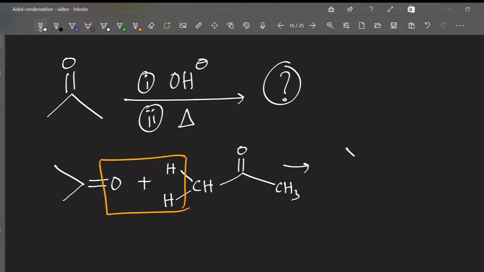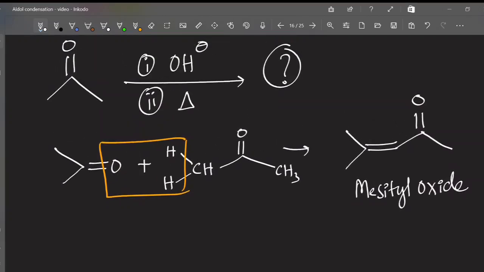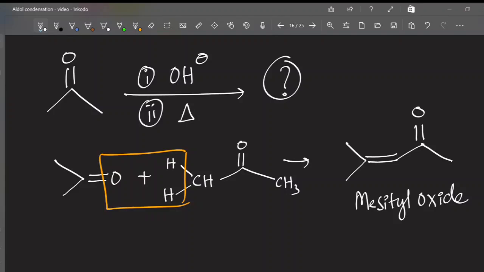So what are we going to get? This compound is called mesityl oxide. What's the IUPAC name for that?